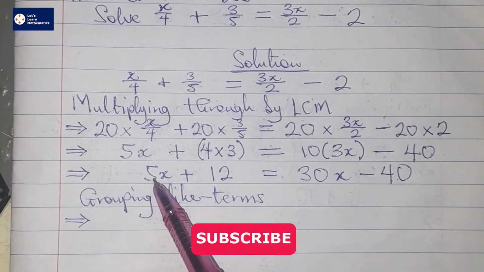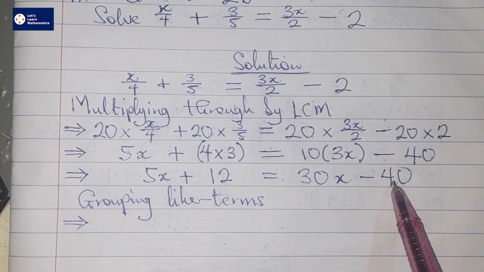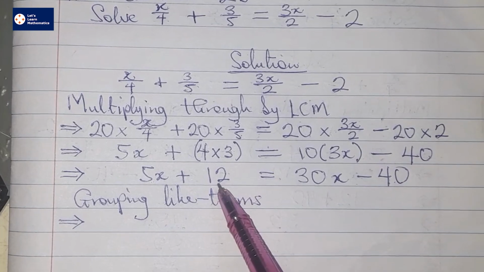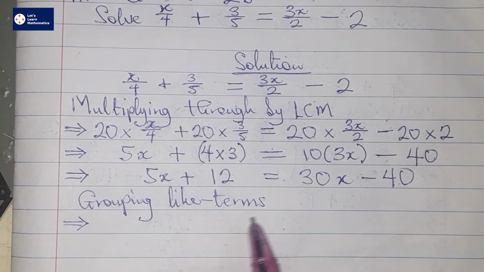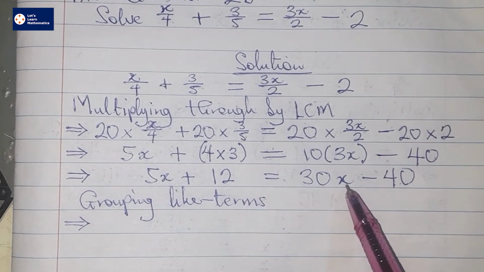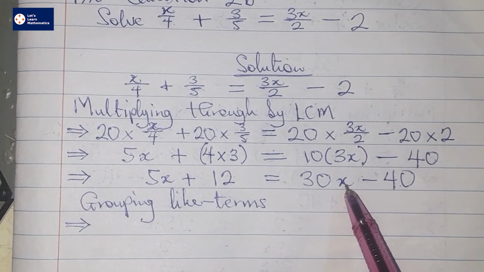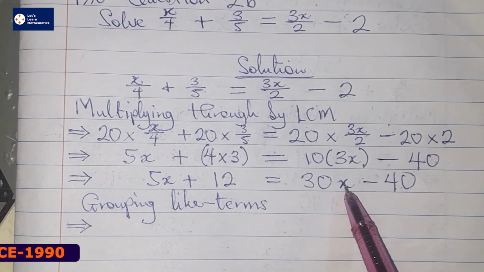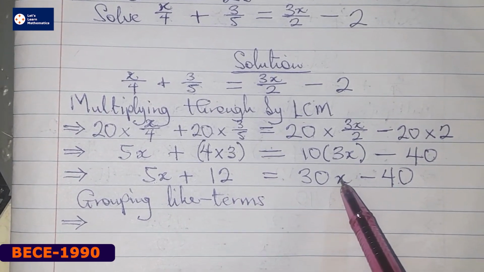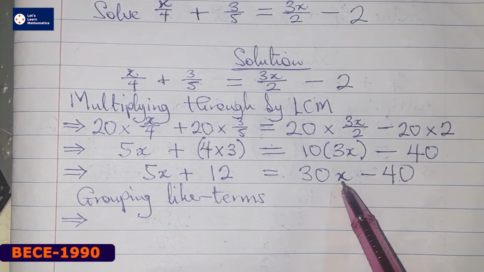I want to bring the 5x to this side and take the negative 40 to this side. That way I'll get rid of having my variable being negative. I don't want negative variables because it is easier to make mistakes when you are working with negative variables.